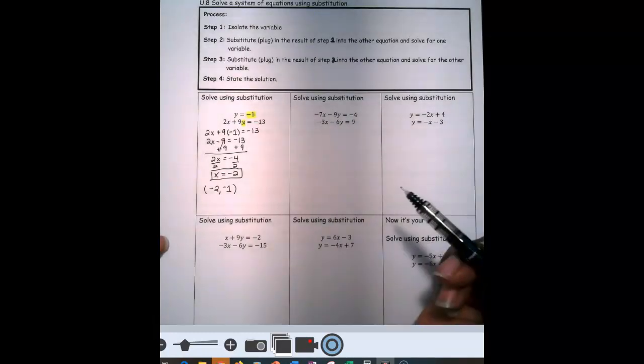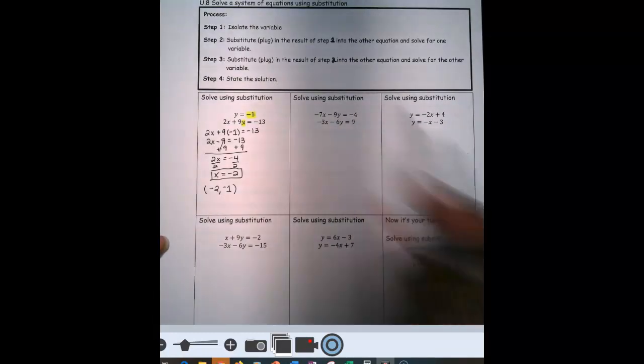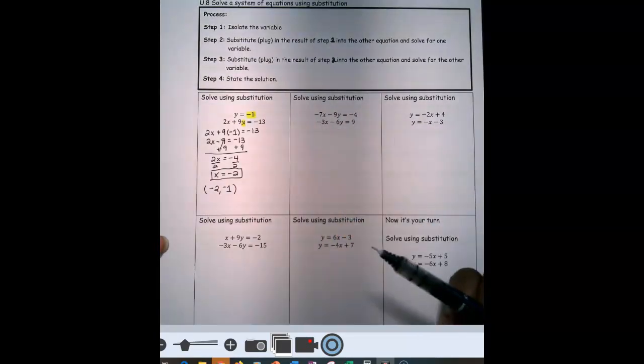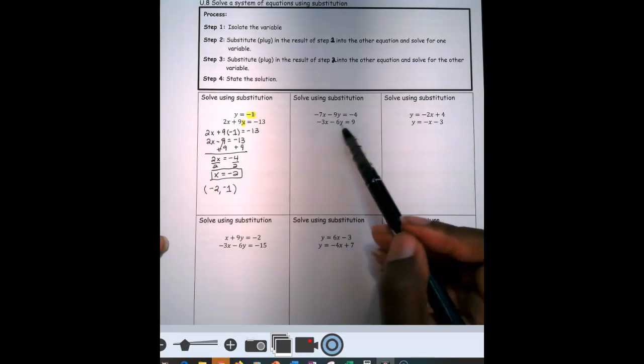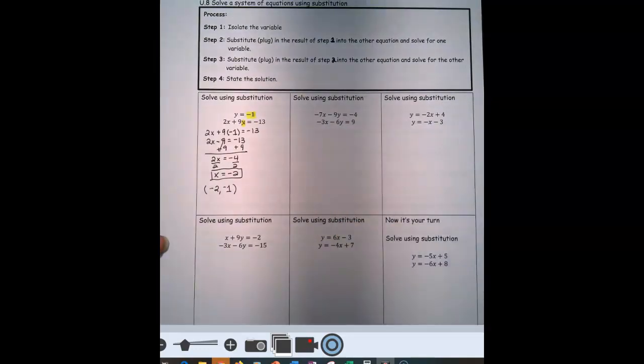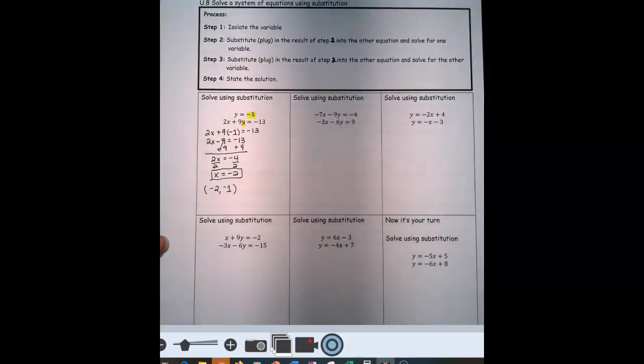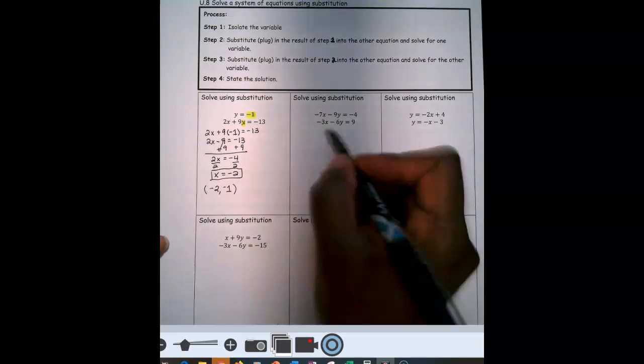So instead of working with fractions, I noticed that 3, 6, and 9 have something in common. Well, 3 times 2 is 6, and 3 times 3 is 9. So if I use the second equation, I'm not going to get a fraction if I solve for a variable. I'm going to solve for x, meaning I'm going to get x alone.